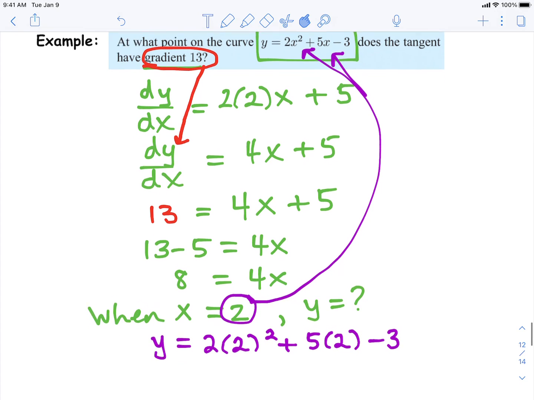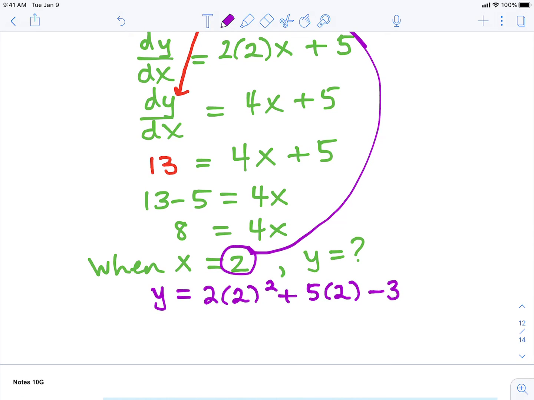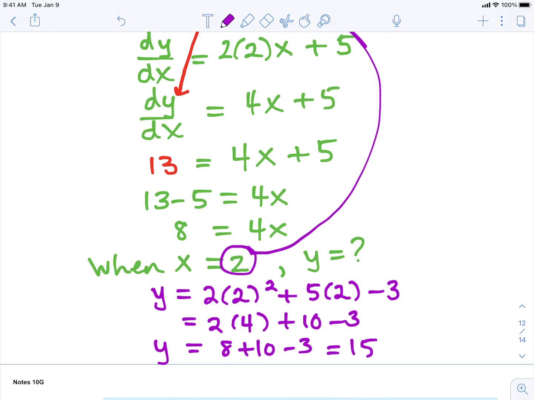And then simplify it. And you get 15. So the point is (2, 15), where the slope of that tangent line would be 13.